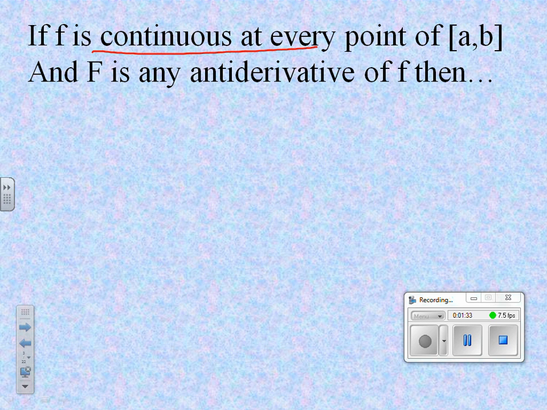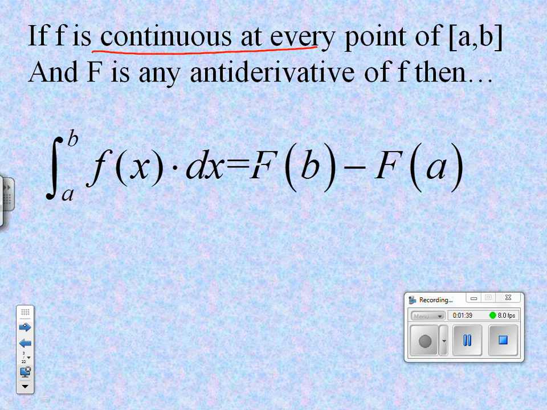You cannot integrate discontinuous functions, although there are means by which it can be done. This tends to be confusing to people, but all it says is capital F is the antiderivative of little f. So, take the antiderivative, plug in the upper limit, take the antiderivative, plug in the lower limit, subtract the quantities.